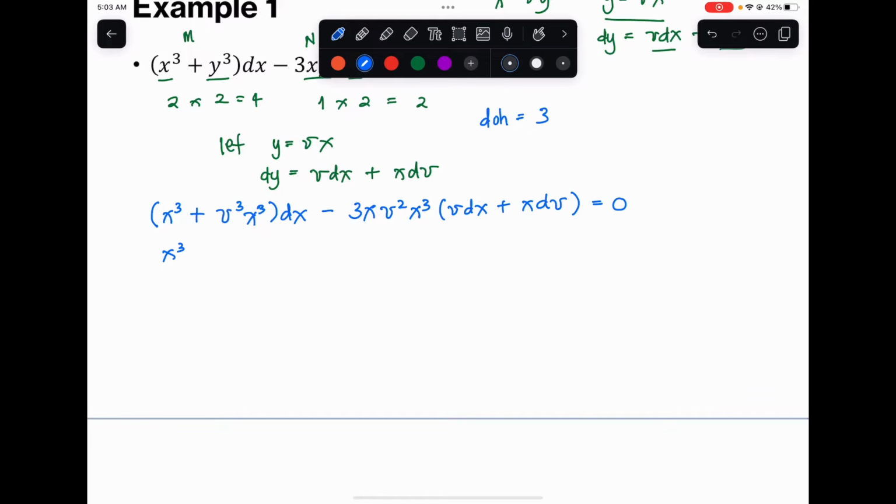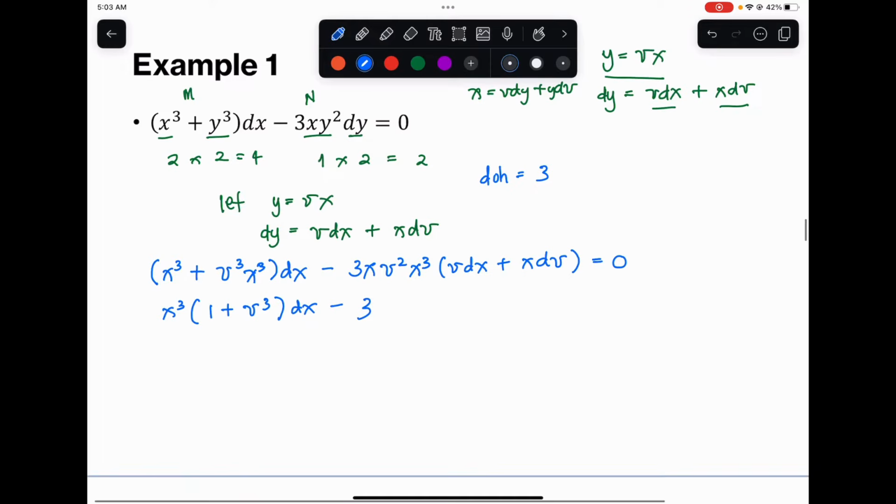So we have x cubed multiplied with 1 plus v cubed dx, then minus 3, x times x, it should be x squared, so v squared x squared. So making it 3x cubed v squared, then v dx plus x dv equals 0.